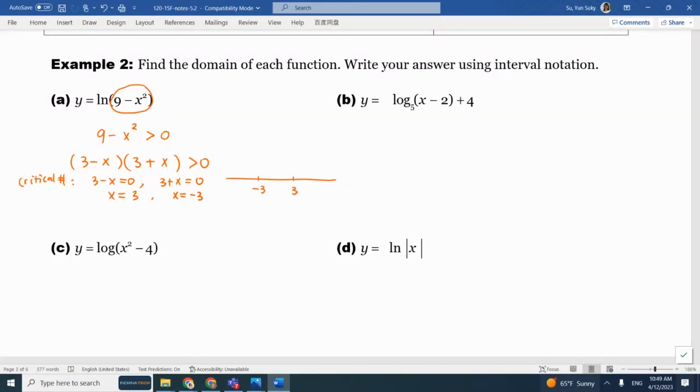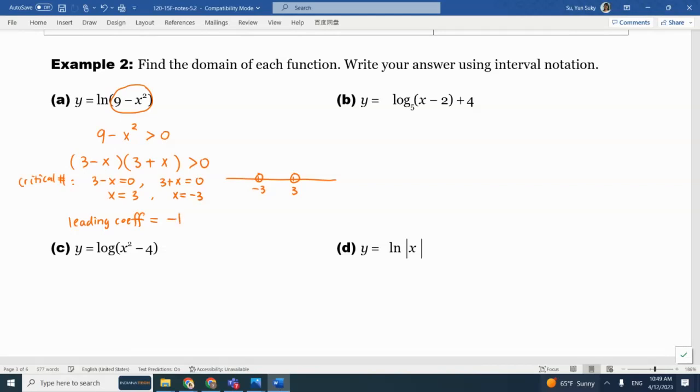Tell me, open circle or solid circle? Open. Okay, what is the leading coefficient? Is this a leading coefficient, 1 or minus 1?